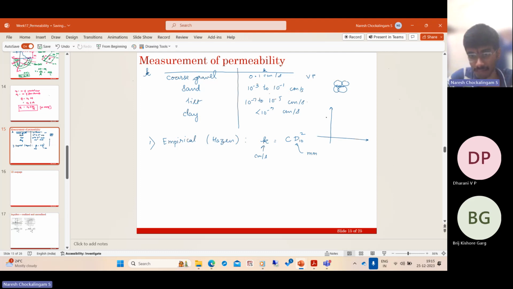D10 is obtained if you draw the grain size distribution of the soil. You have the grain size or sieve size here, and you have the percentage mass which is less than or equal to that size.